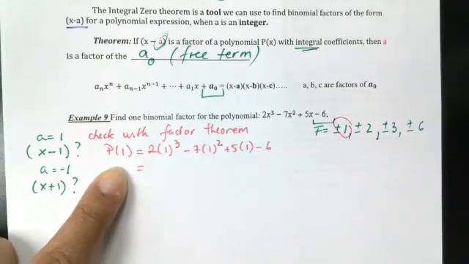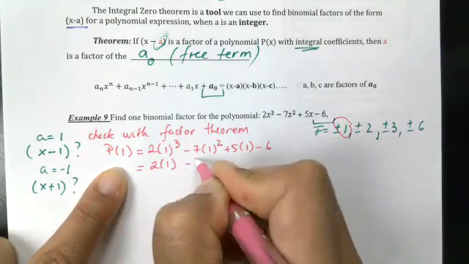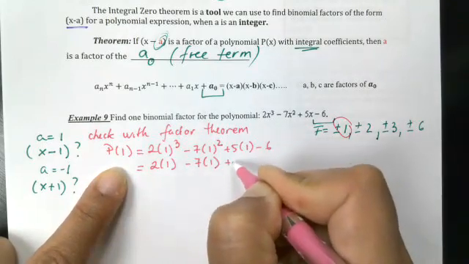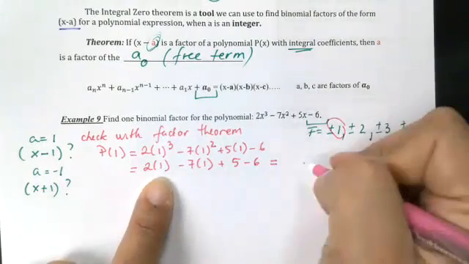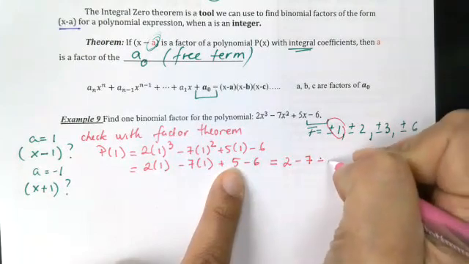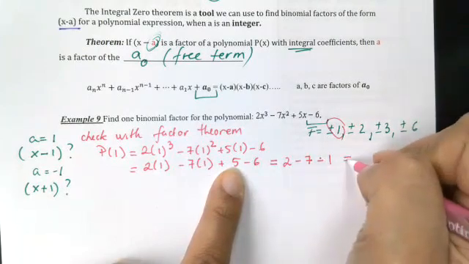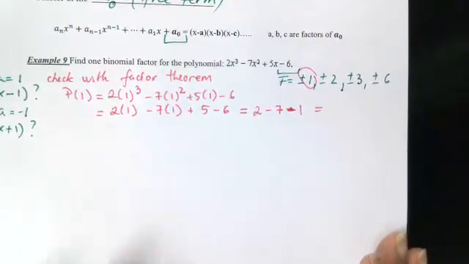I'm calculating that: 2 times 1 minus 7 times 1 plus 5 minus 6. That's 2, that's -7, and that's -1. 2 minus 7 minus 1, is that equal to 0?